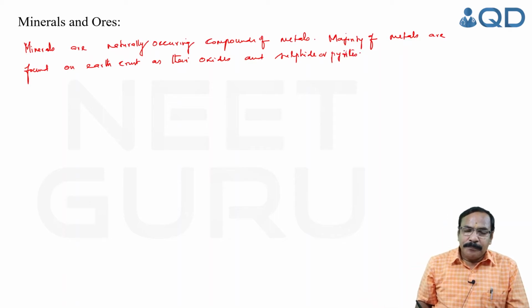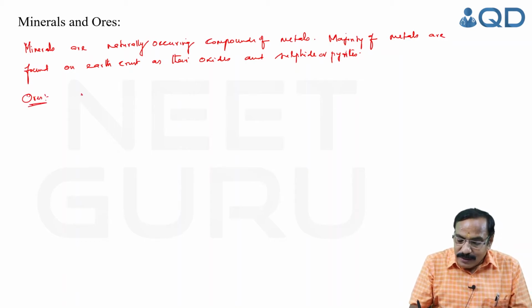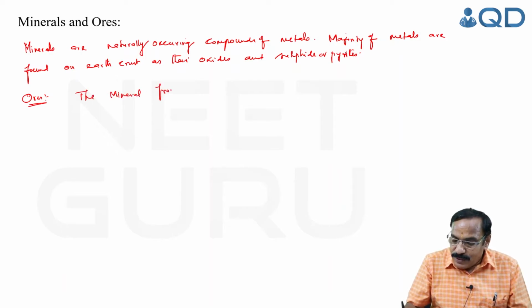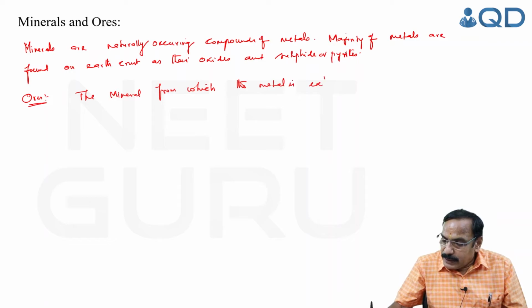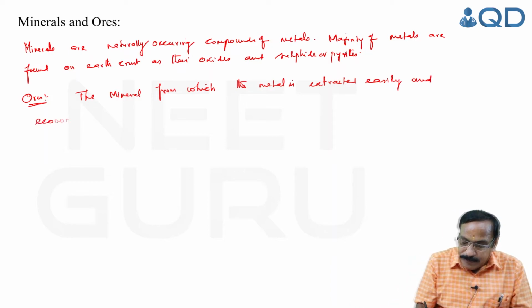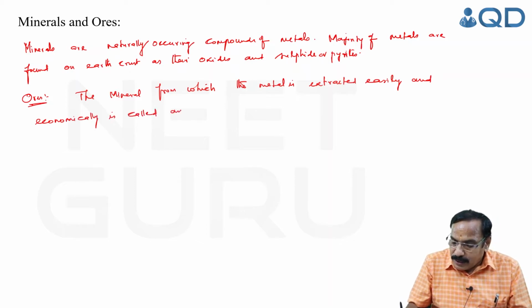Now, what about ores? That is the difference. Ores are the minerals from which the metal is extracted easily and economically.